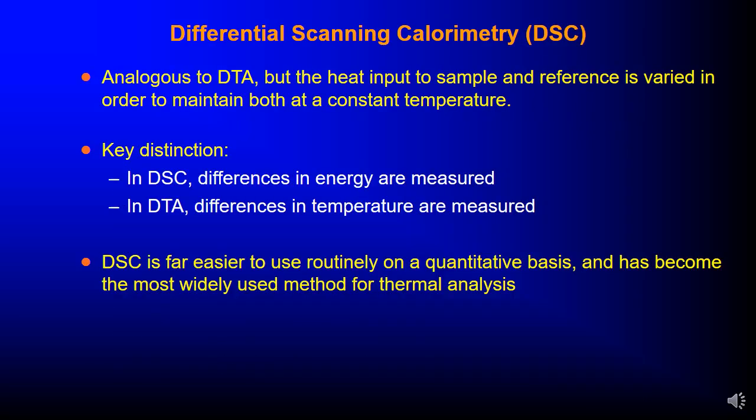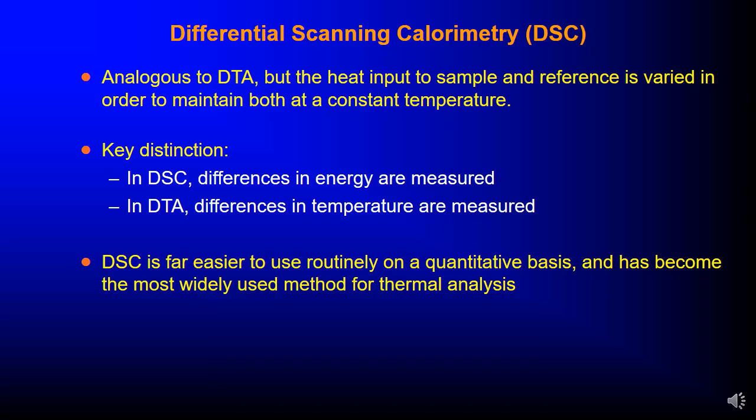So we have differential scanning calorimetry. It is analogous to differential thermal analysis, but the heat input to the sample and reference is varied in order to maintain both at a constant temperature. So key distinction: in differential scanning calorimetry, differences in energy are measured.